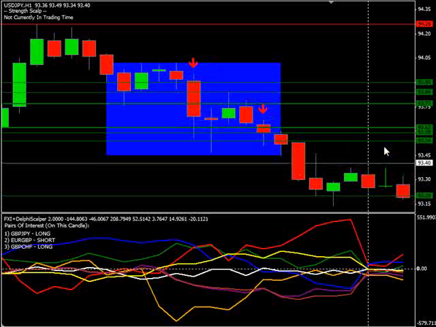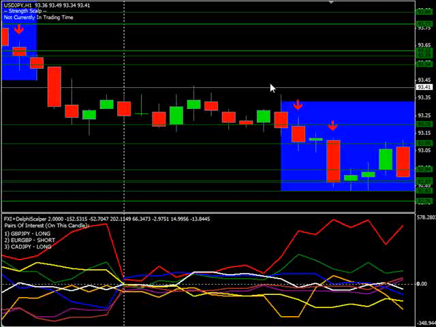And let me scroll the chart over just to show you kind of what happens as this trade develops. So we get a close below this support line, so we move our stop loss here. The market moves sideways for a good while. It moves lower, and at this point we have a support line here and a support line here. It closes below this support line on this bar.